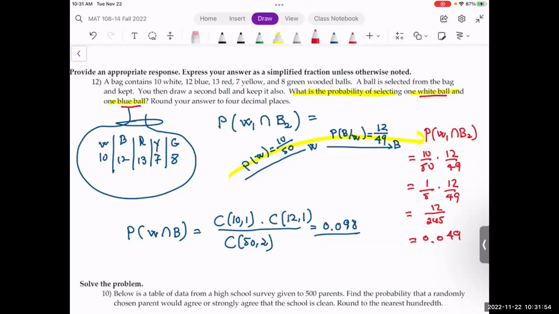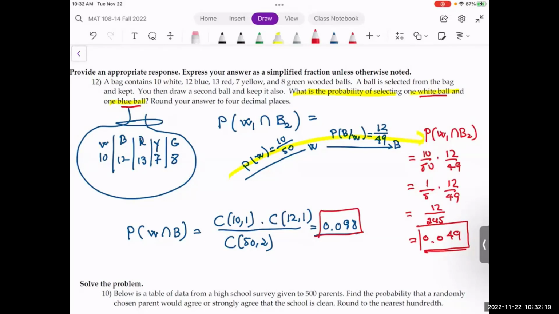Right? So usually with this method, whatever number I get here is always double this one, because this method that I did in red has white and blue and blue and white.